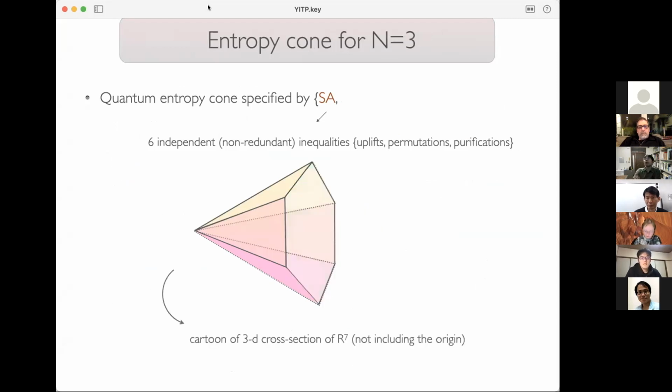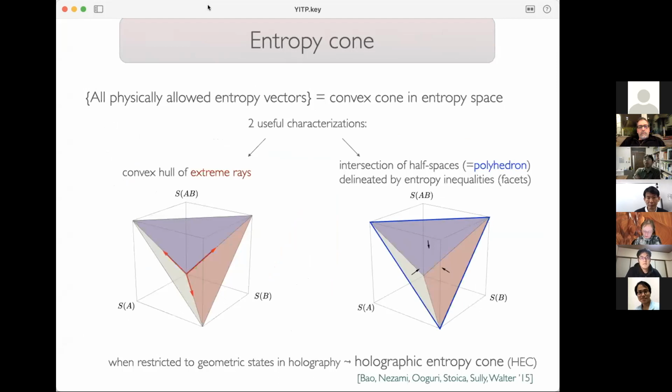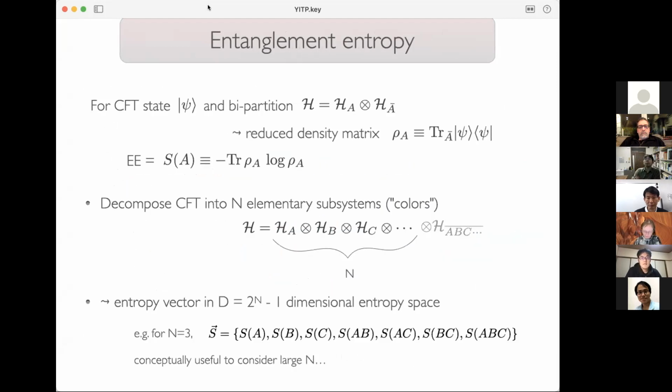With 3 parties, the entropy space is 7-dimensional, but you can consider a lower dimensional subspace, where instead of taking all of these different axes, we take fewer axes that are combinations.